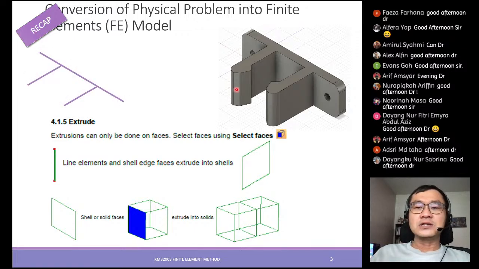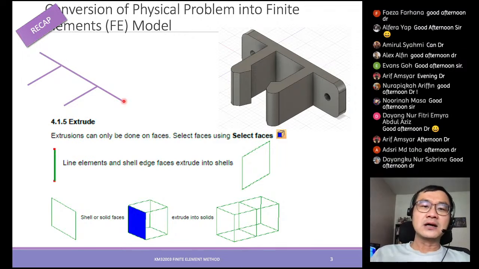From that we can simplify or convert our physical three-dimensional problem into different kinds of finite element models. For example, very simple line types, or maybe you can call it a beam. You can assume this is one beam, another beam, or maybe a string or whatever it is.